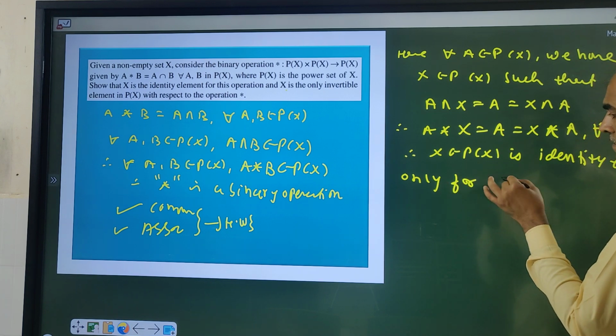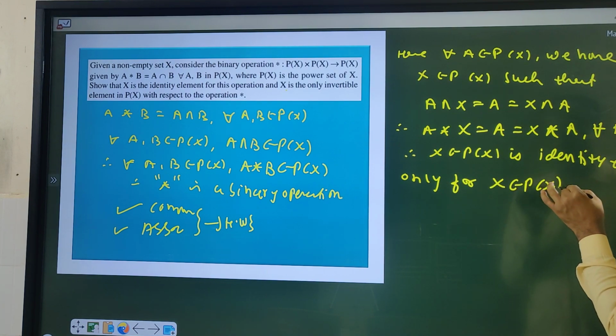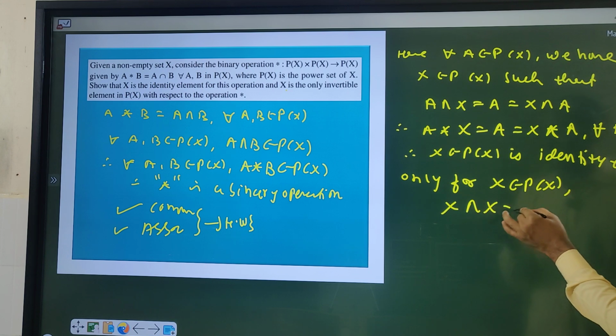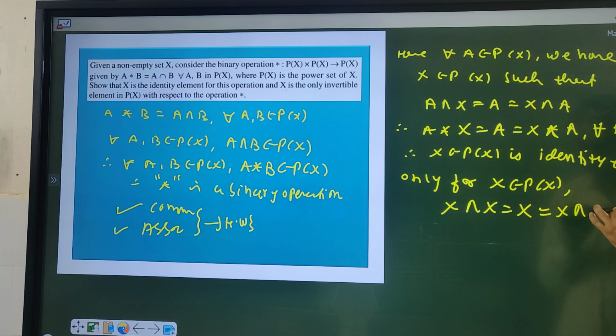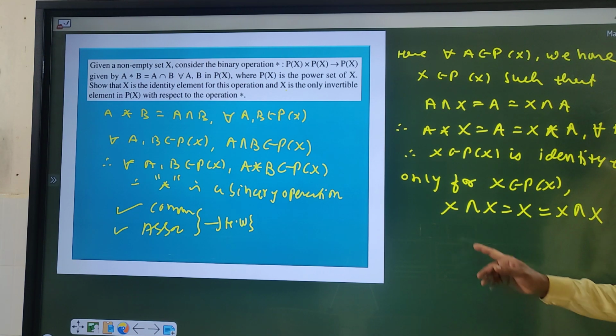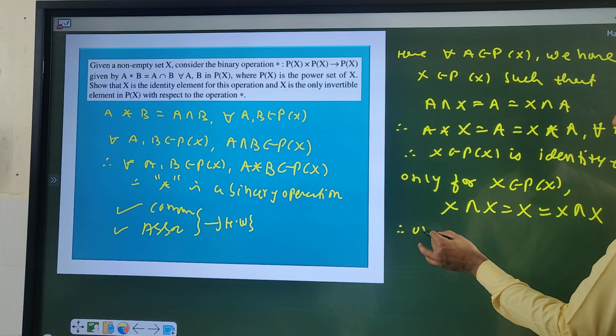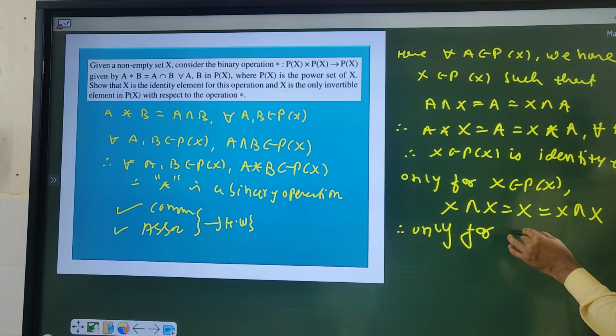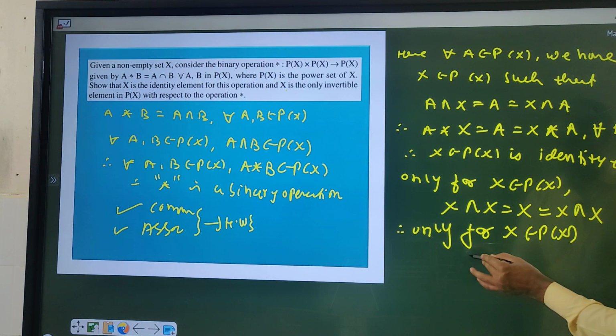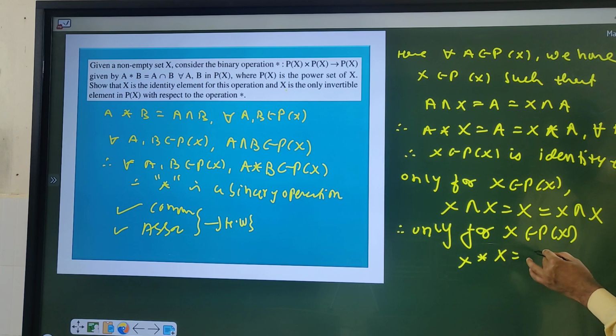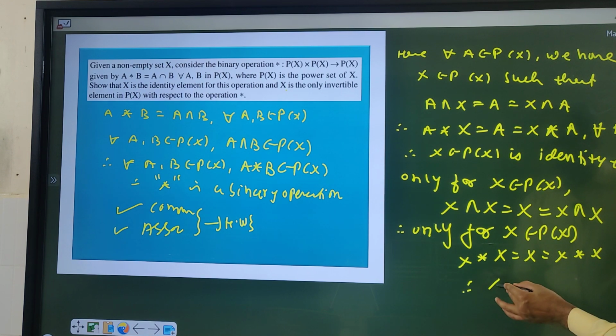Only for X belongs to P(X), X intersection A is equal to A is equal to A intersection X. No other set is there for which intersection is equal to A. Only for X, that is, only for X belongs to P(X), X star X is equal to identity is equal to X star X. And therefore X inverse is equal to X.